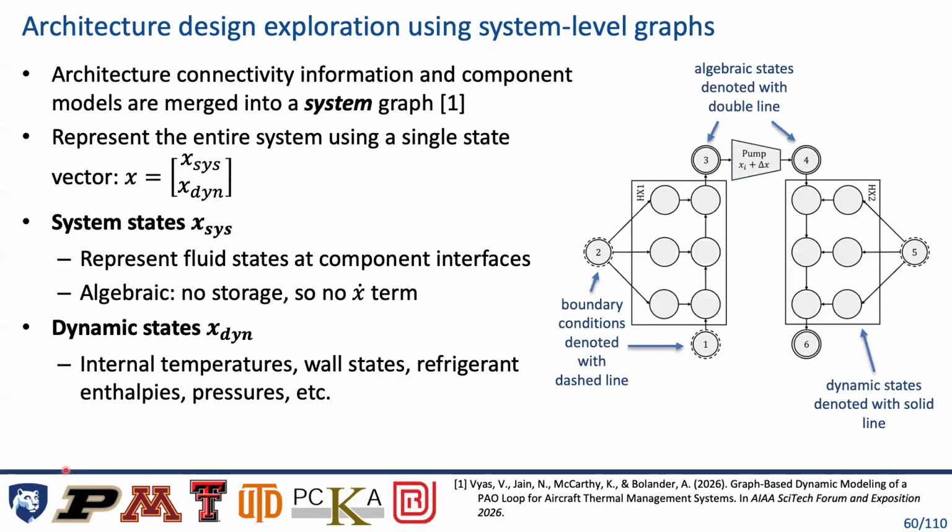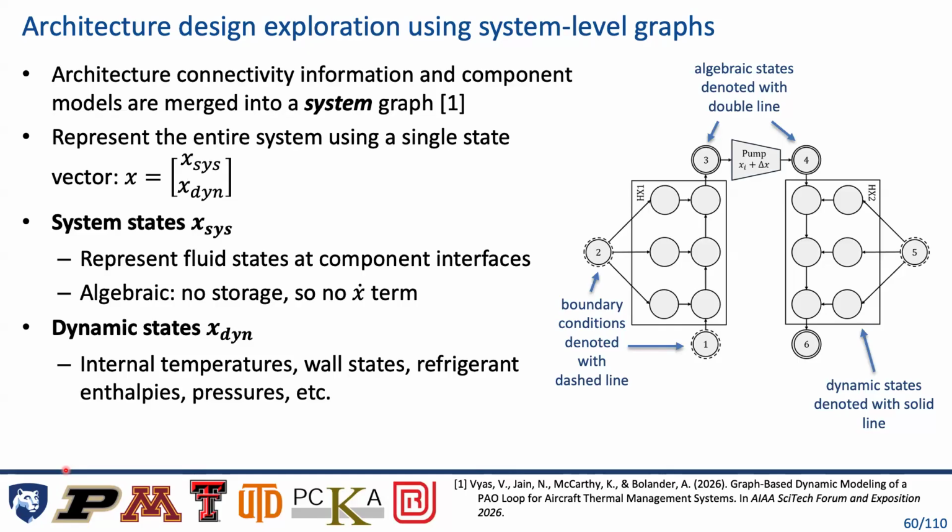So we're going to do this by building a system graph that merges the connectivity information and those component models. So we can define this vector X that has our dynamic states as we normally do and augment it with these system states. These system states represent fluid states at the component interfaces. They are algebraic, so there's no ODE associated with those.